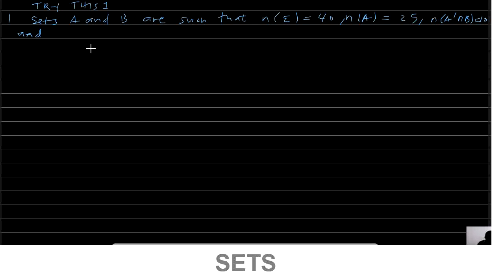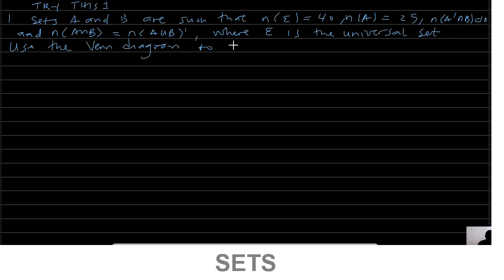And the number of elements in A intersection B is equal to the number of elements in (A union B) complement. Use the Venn diagram to find, number 1, the number of elements in A intersection B. Number 2, the number of elements in A union B.